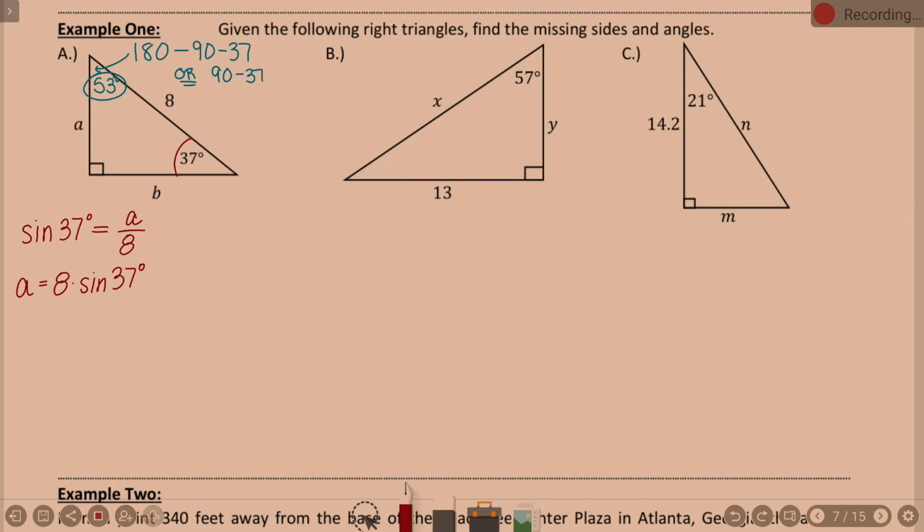If you happen to be in radian mode from yesterday, you've got to fix it. My answer key has 2 decimal places on it. So what is this with 2 decimal places? 4.81. Okay, so A is approximately 4.81.